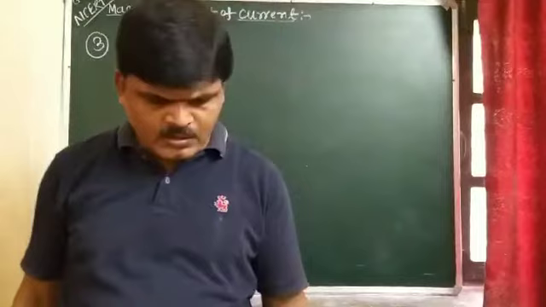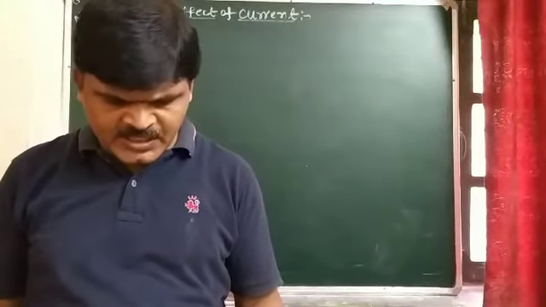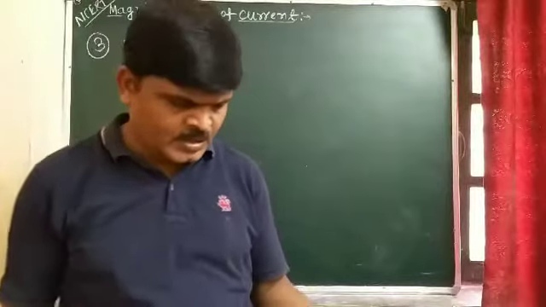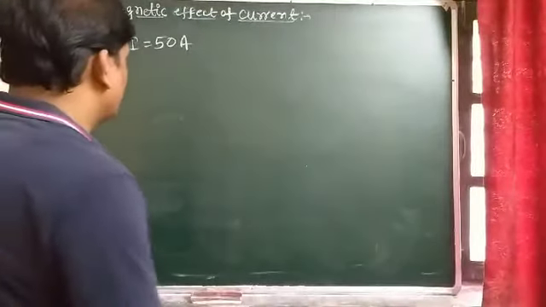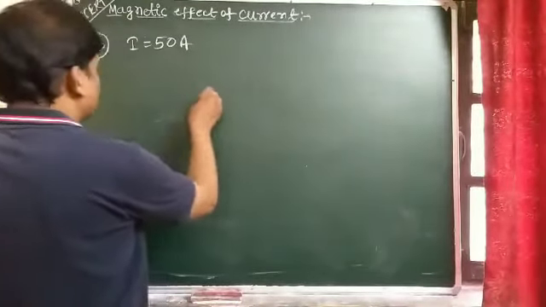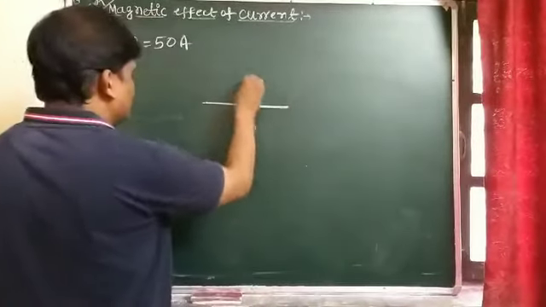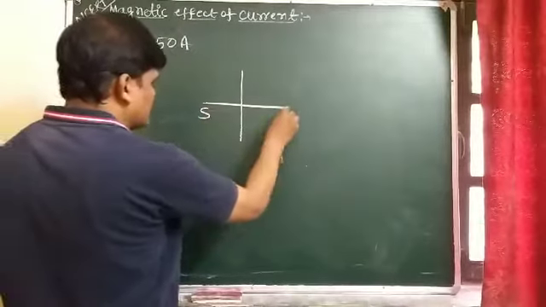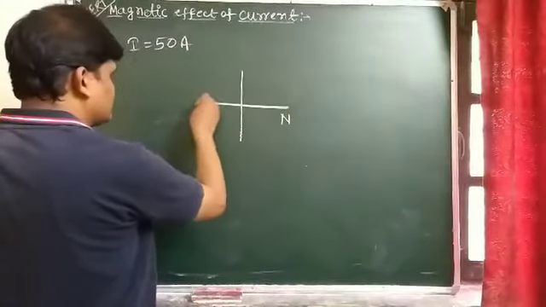A long straight wire in horizontal plane carries a current of 50 ampere in north to south direction. Here is north, here is south, here is west, and here is east.